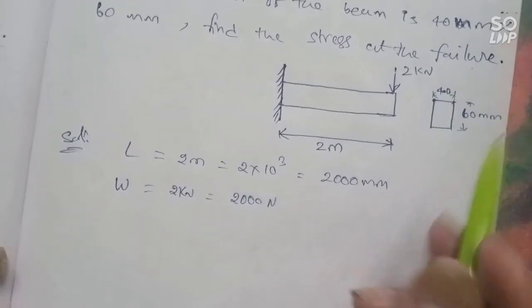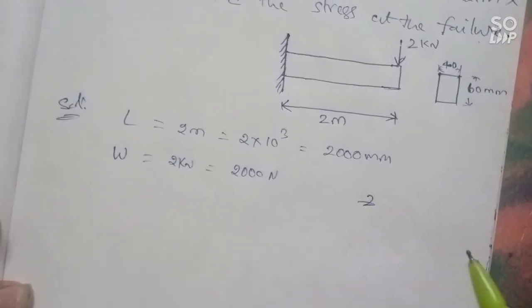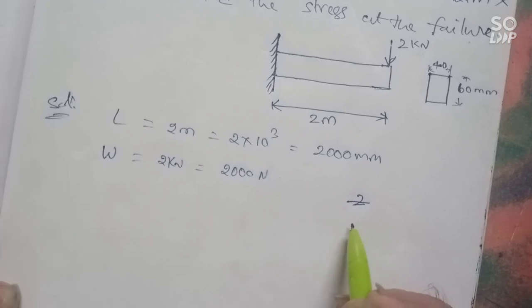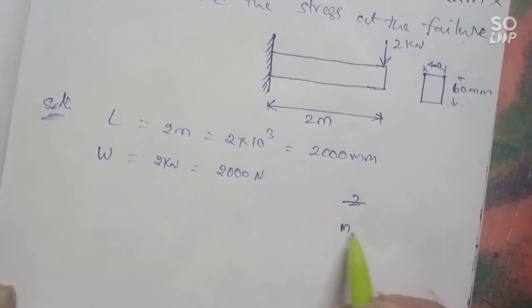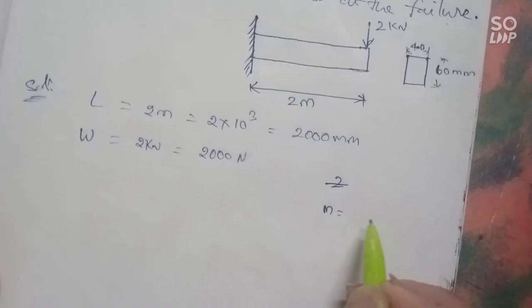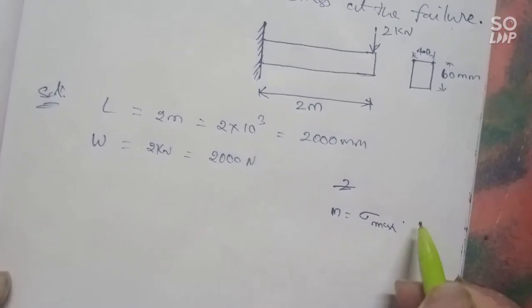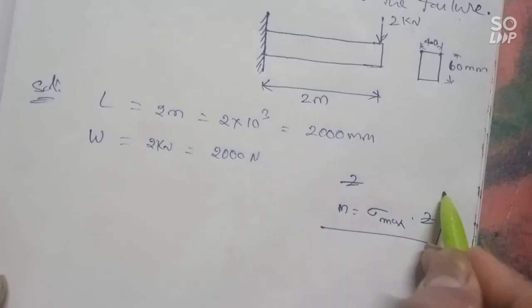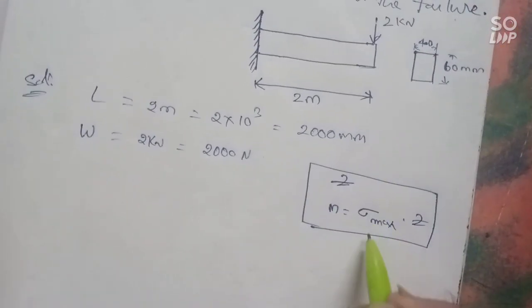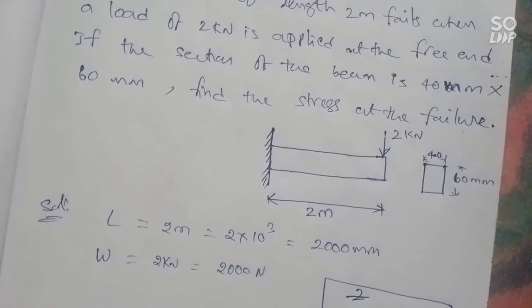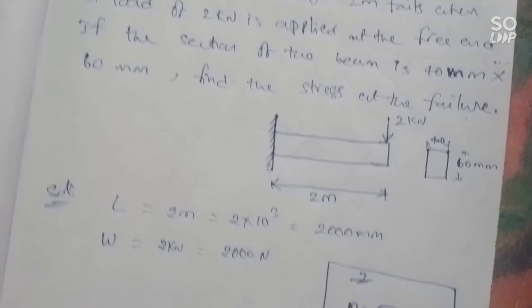We know the section modulus Z, and when the section modulus Z is available, we have the formula M equal to the maximum stress into the section modulus Z, and we have to find the maximum stress here. We have to find the failure stress.